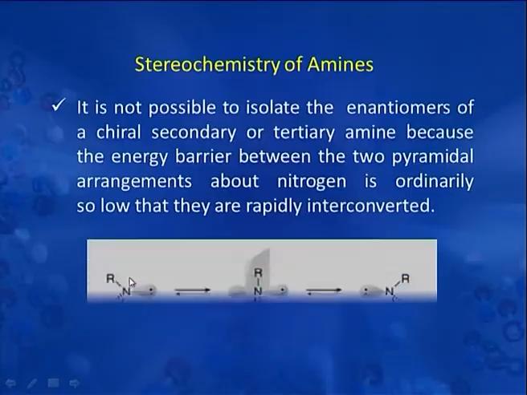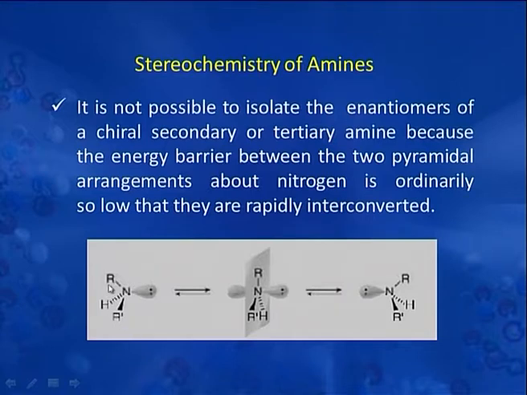But the case is different. What is different? The molecule does not show optical activity, even though it has 2 different substitutions. Here you can see that this is a secondary amine. All the 4 groups, a lone pair of electrons, 2 different alkyl groups and a hydrogen, are different.